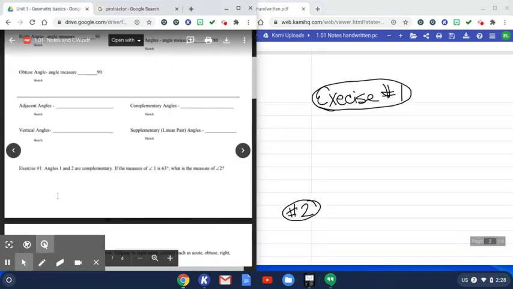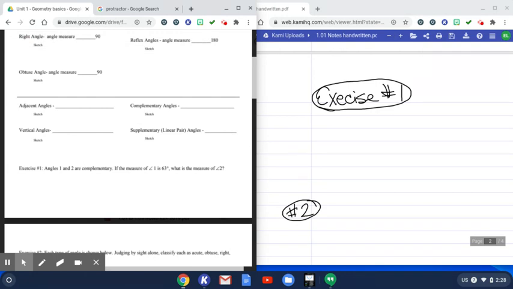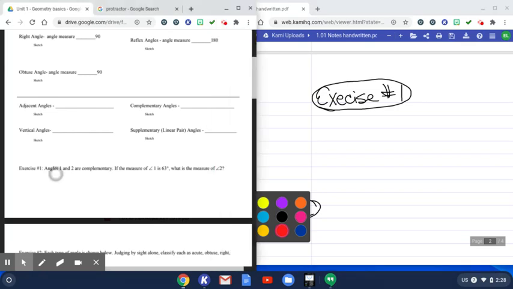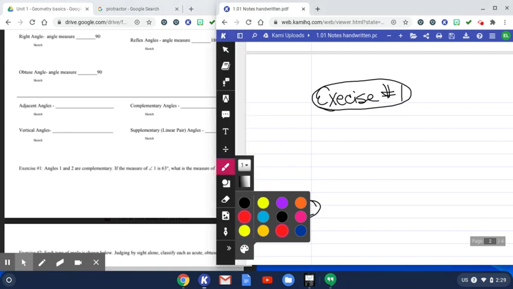Okay. Moving forward, I'm looking at exercise 1. So looking at exercise 1 at the bottom of your notes page, angles 1 and 2 are complementary. Right. So again, we know complementary adds to 90. If angle 1 is 63, then the measure of 2 is going to be what?